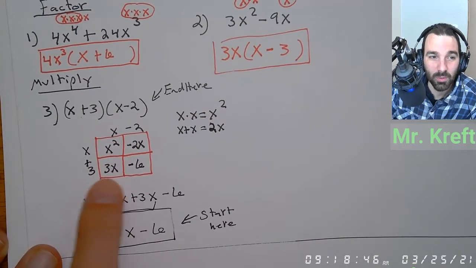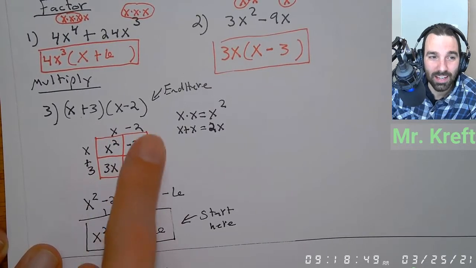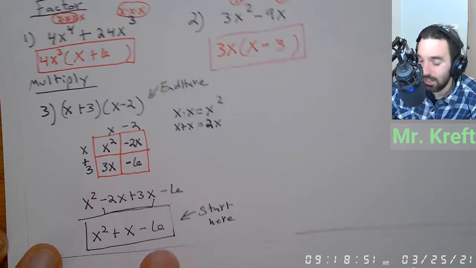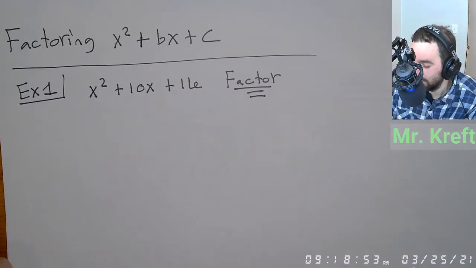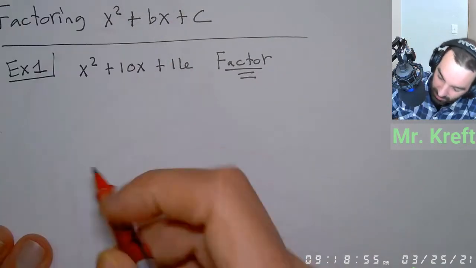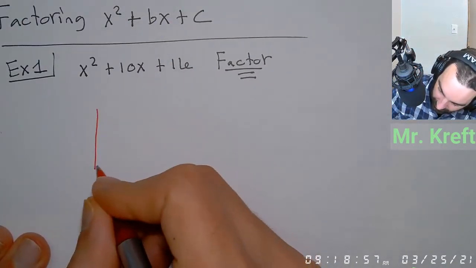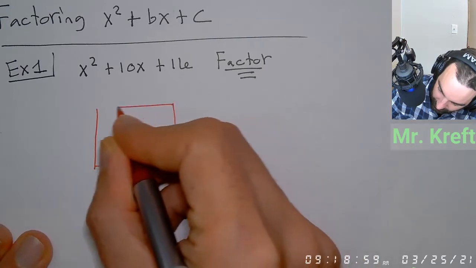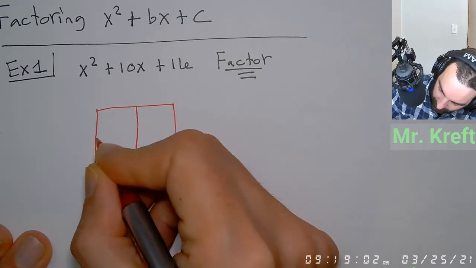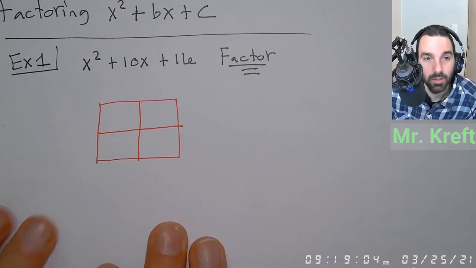Okay. So the first thing we're going to do is we're going to get a box. Well, I'll show you what we're going to do. Oh yeah, let's get a box. Okay.